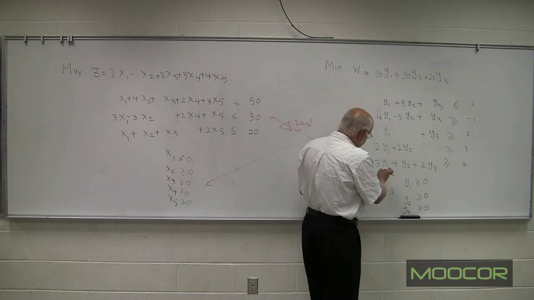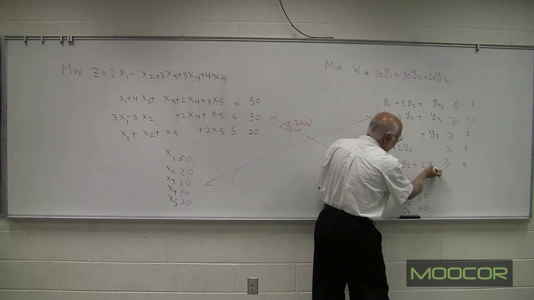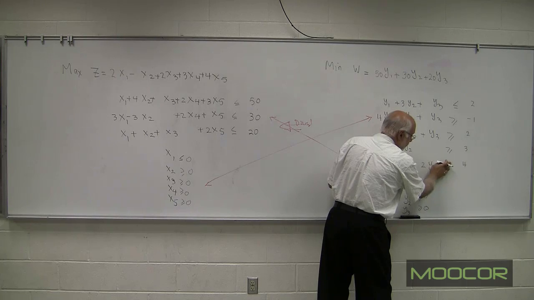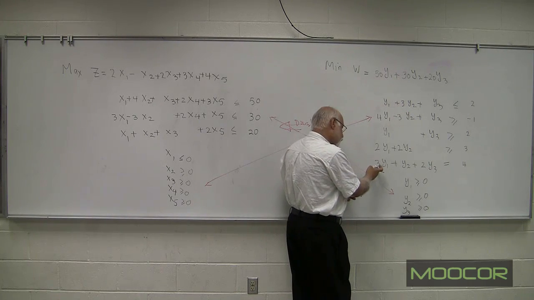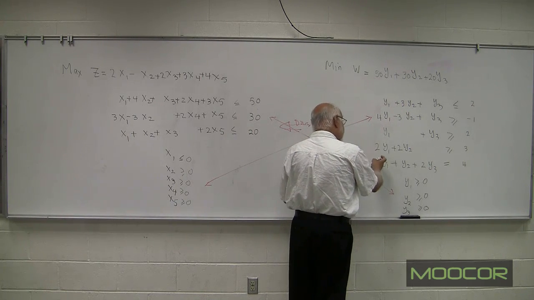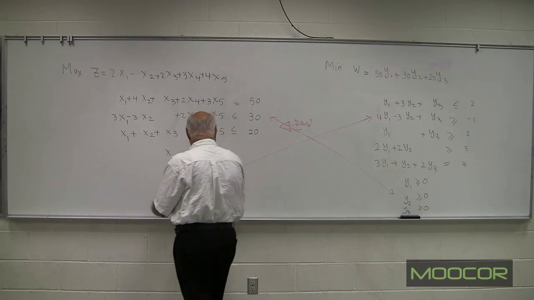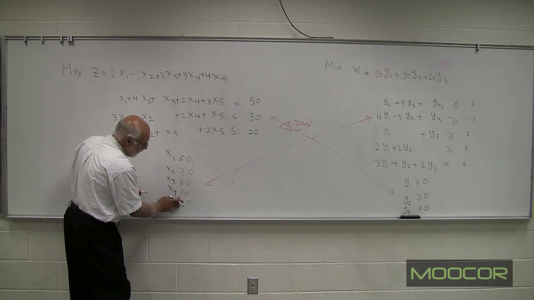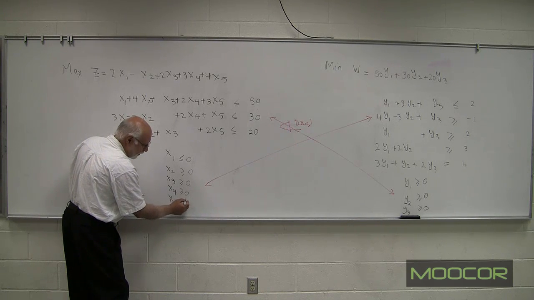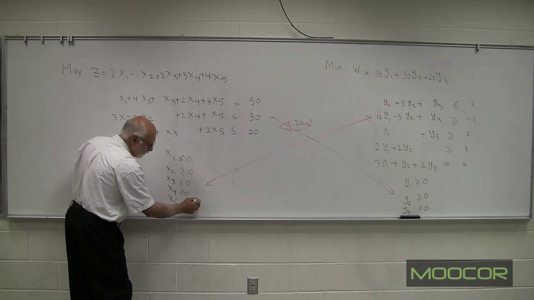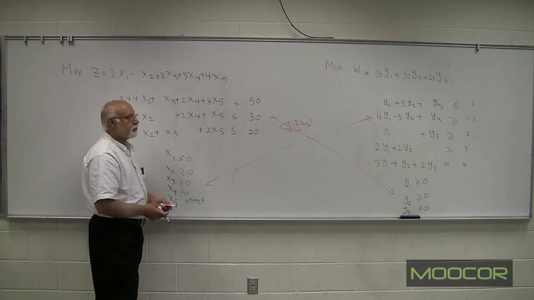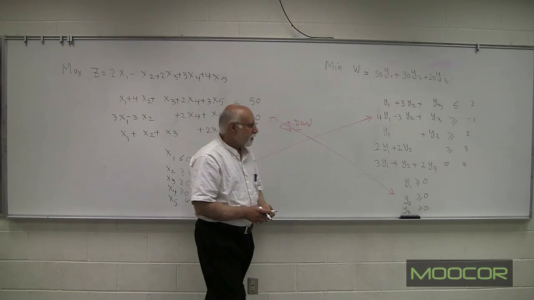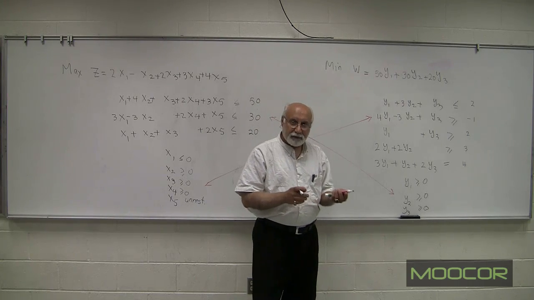If this, for example, let's say this was an equation, fifth constraint, and the fifth constraint is related to the fifth variable in here. If that is an equation, then this variable becomes unrestricted. So it is that simple.